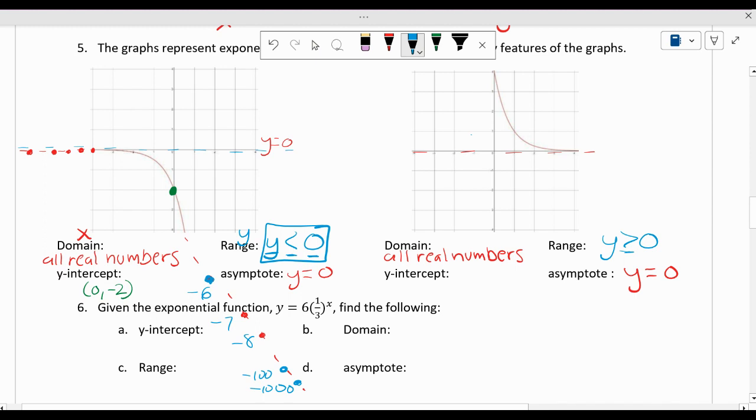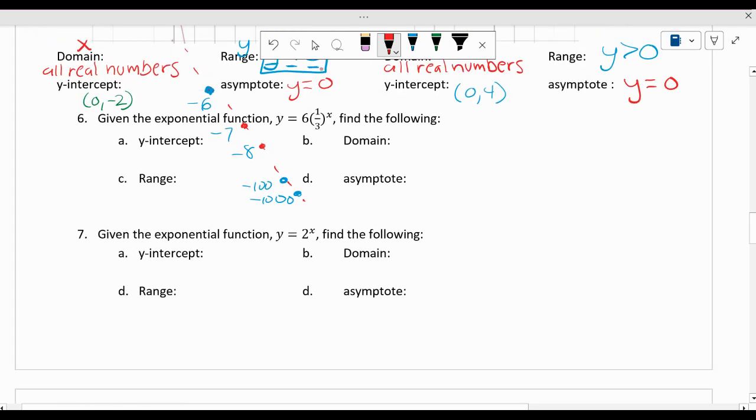Greater than means above. Y-intercept is that number, which is 1, 2, 3, 4. 0, 4. We're going to apply some of these rules to just regular exponential functions here.